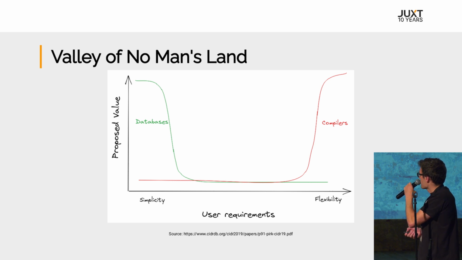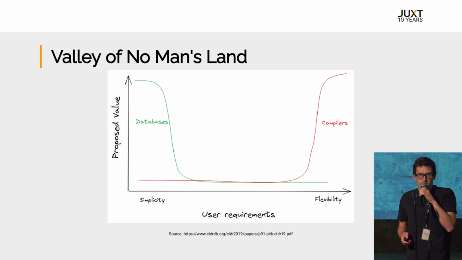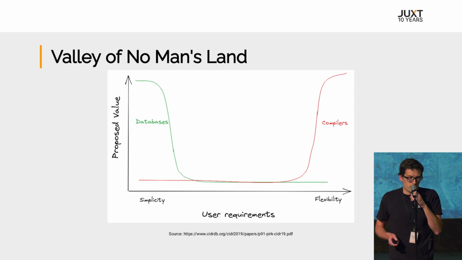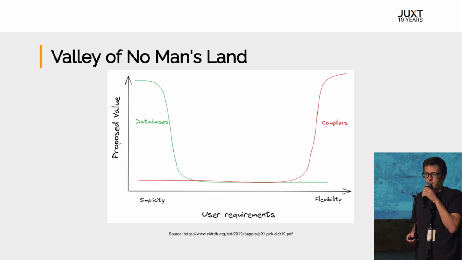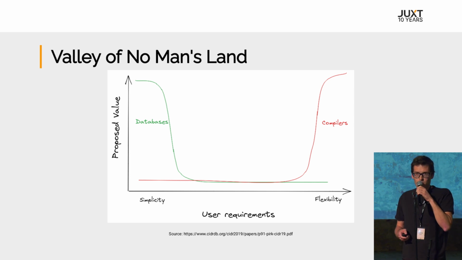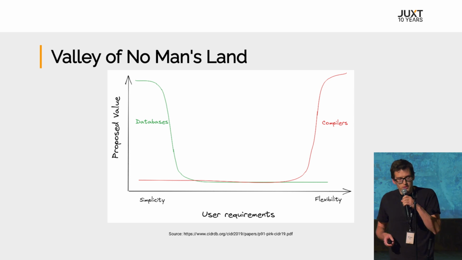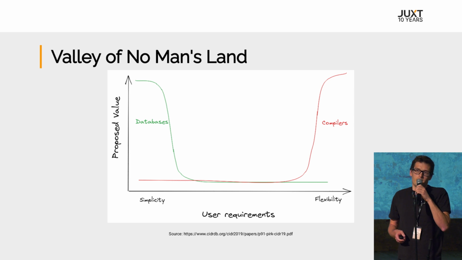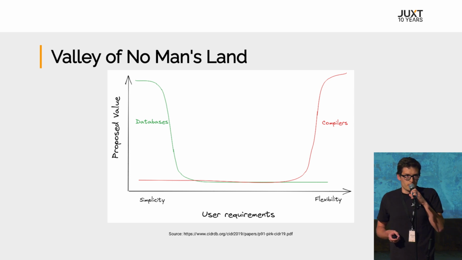So let's think a bit about what this actually means on the left side. We've just seen how our database might work, and why is it simple? The queries you're writing most of the time are fairly simple compared to a general computation that you might do.